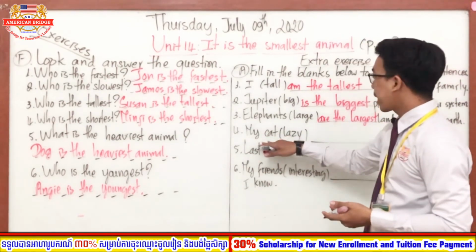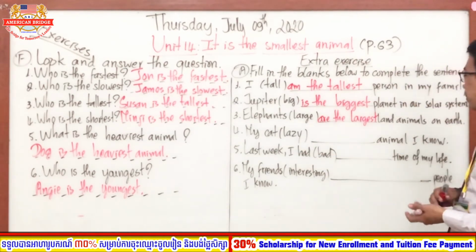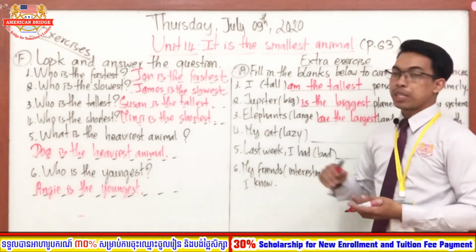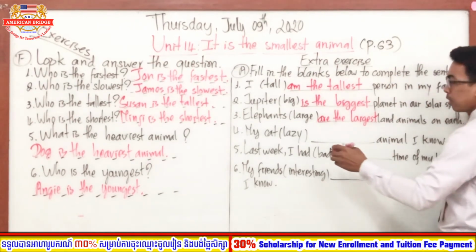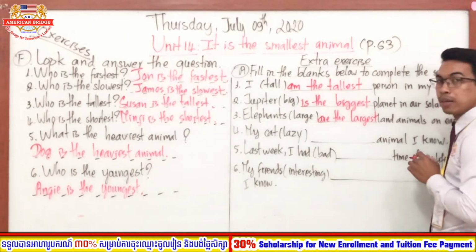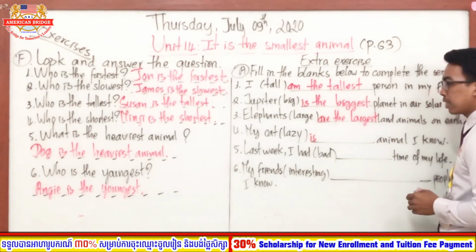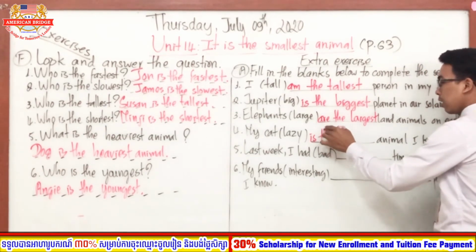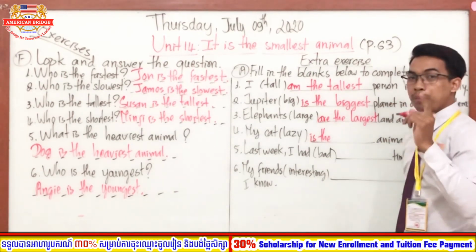Number 4, my cat, we have the word lazy, animal I know. So you have to change it to a superlative sentence. So the answer is: my cat is or my cat are? Yes, my cat is. So my cat is the what? Lazy. How many syllables, everyone?